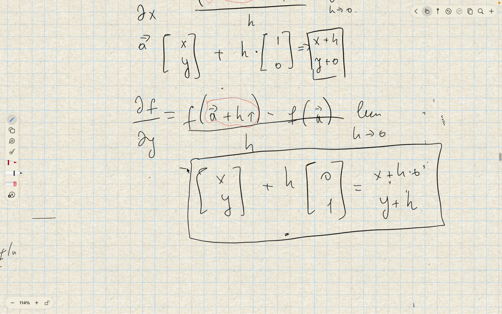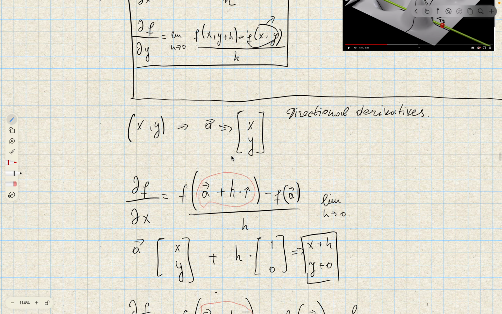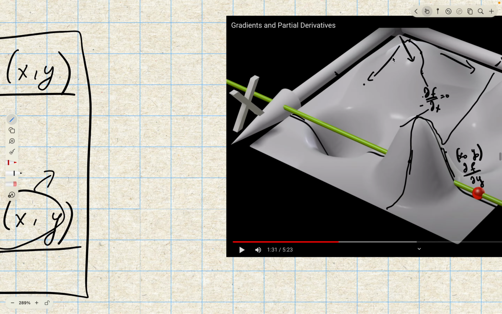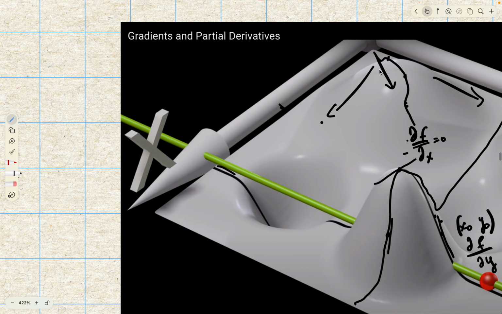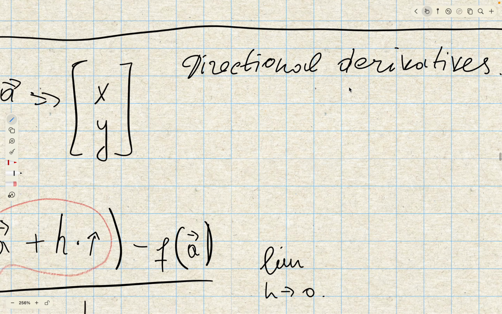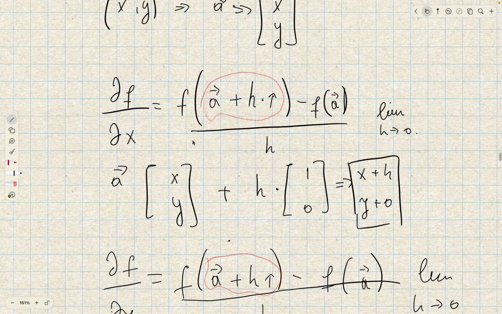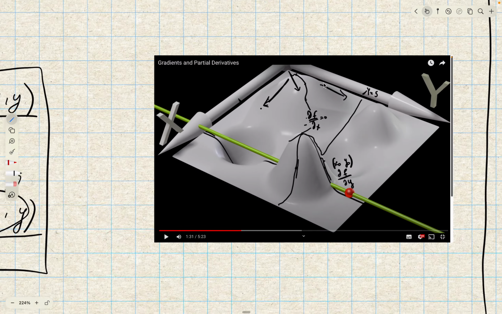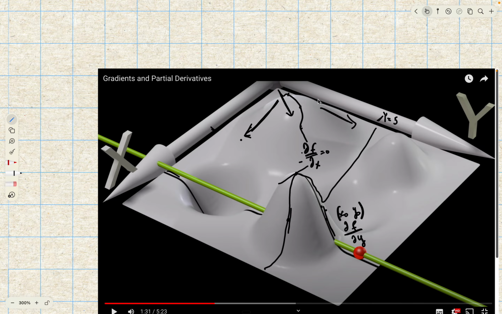So what we did here, we represented the move purely in the x direction as a vector, because this is also a vector, right? If we go parallel to x, this is also a vector, and we represented this as a vector. And if we go in the y direction, this is also a vector. It's a vector parallel to y.